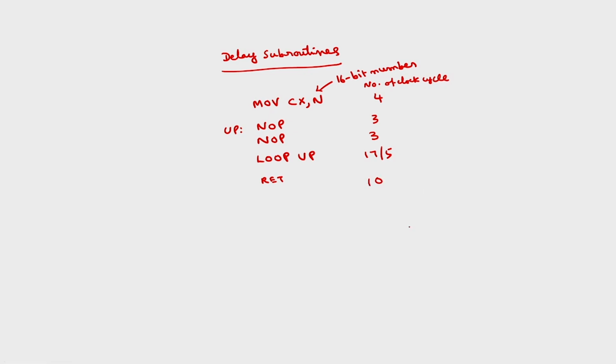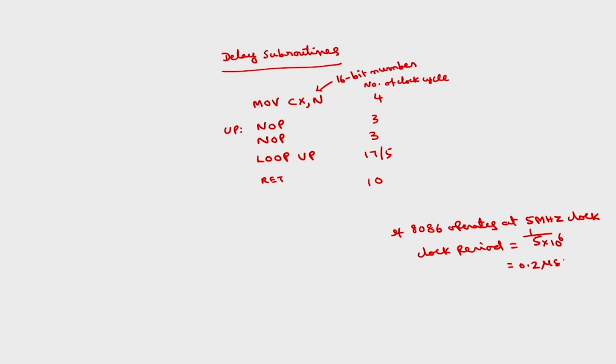So the 8086 can operate at 3 different frequencies. If I use that, the 8086 operates at a 5 megahertz clock. So what is the period of each clock? It is equal to 1 by 5 into 10 to the power of 6, which is nothing but 0.2 microseconds.